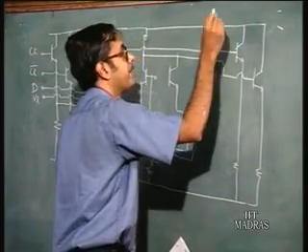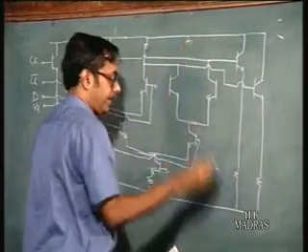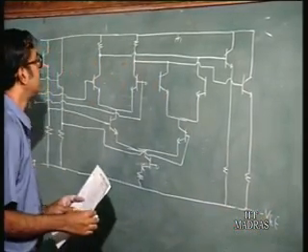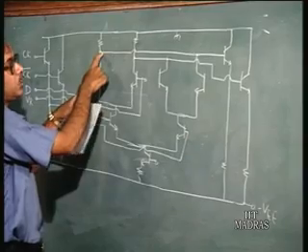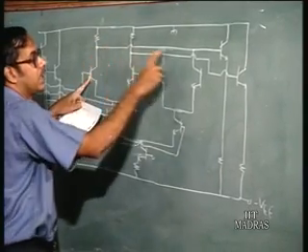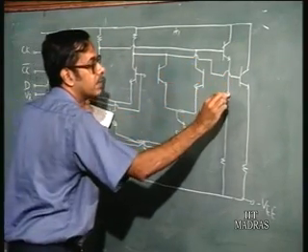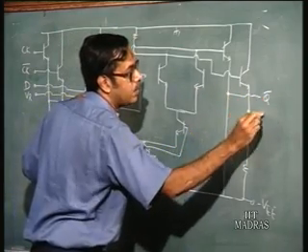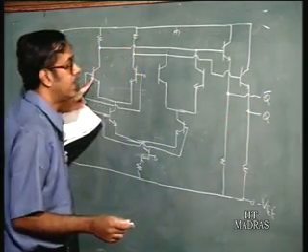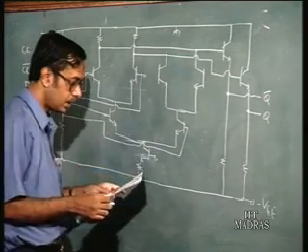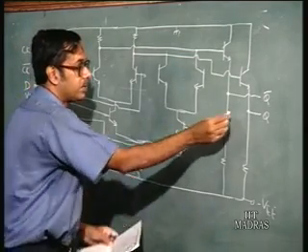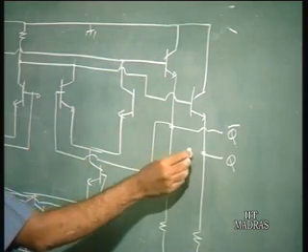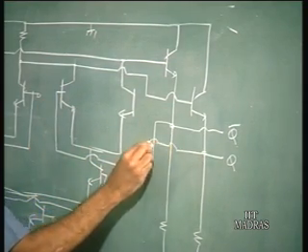This is minus VEE supply voltage, and this is D, this is Q bar, and this is Q, and the Q bar input should come here and the Q input goes here.